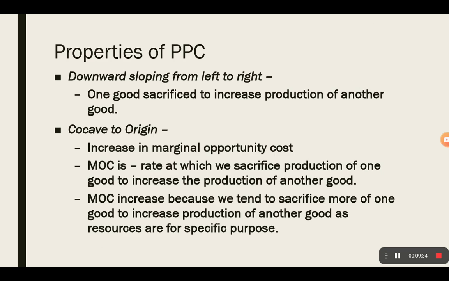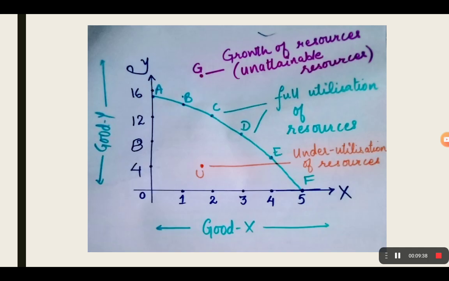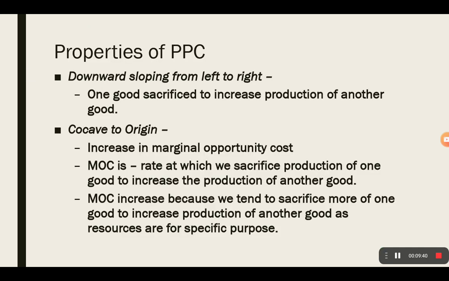Now coming to the properties of PPC. On seeing the production possibility curve, the following 2 properties can be identified. The first property is that the PPC is downward sloping from left to right.